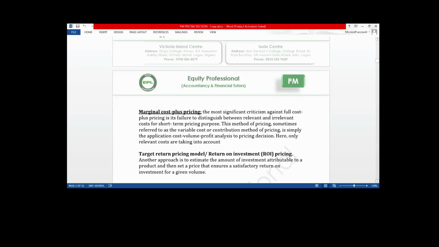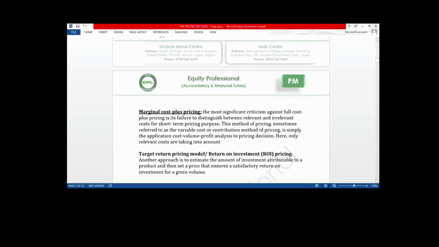The number three method, target return pricing method, or what we call return on investment pricing method.